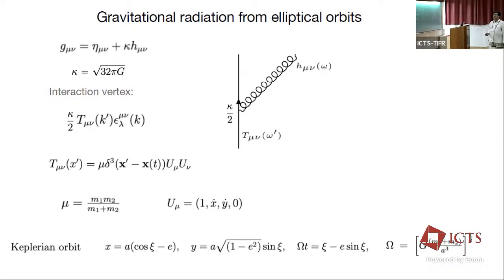So you take this Keplerian orbit, and the main thing is this ω, the angular frequency. Okay, and this is what I said, for the 8-hour period, this is something like 10 to the minus 19 eV.